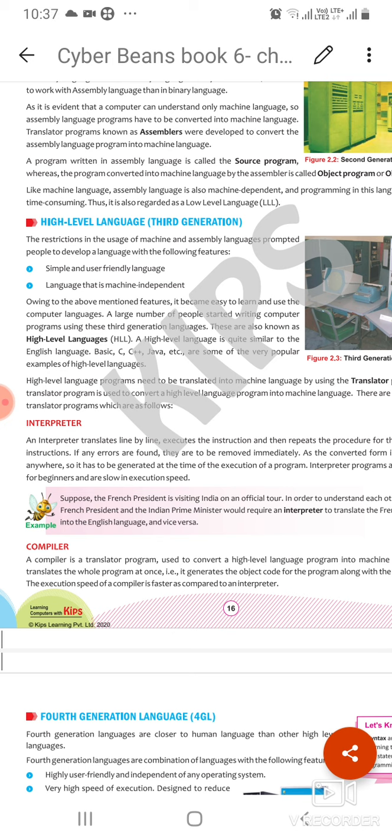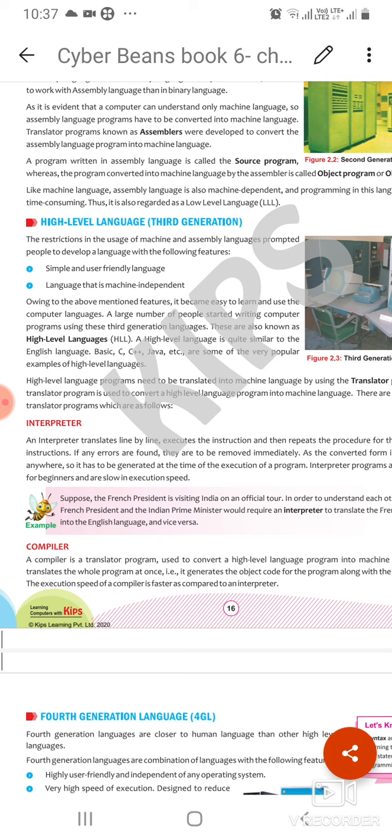A translator takes a program written in the source language as input and converts it into a program in the target language as the output. There are two types of translator program we can use, either a compiler or an interpreter.